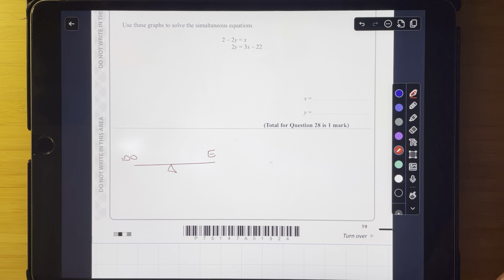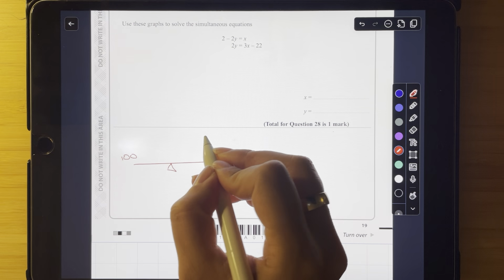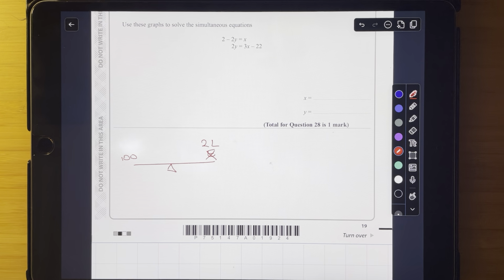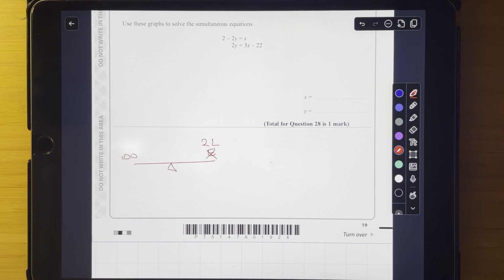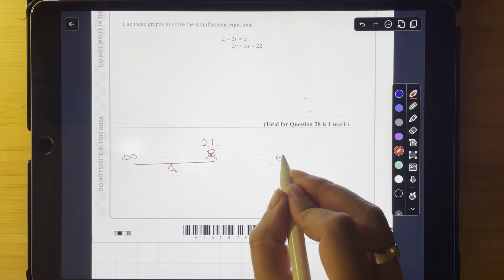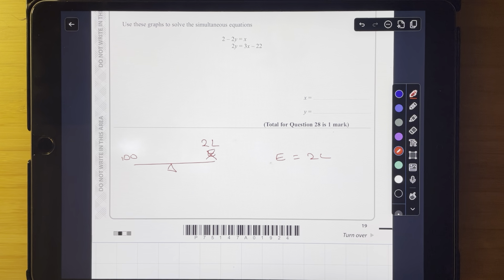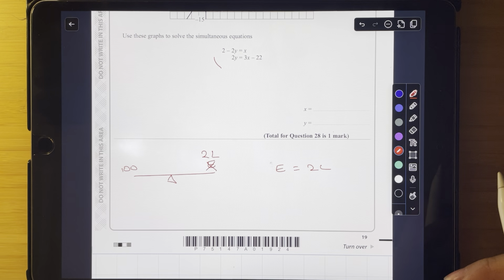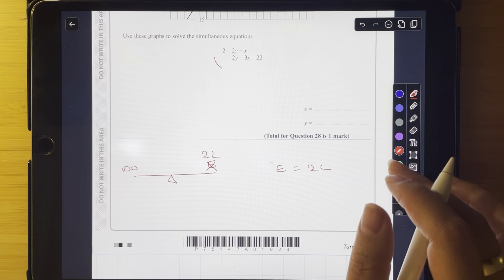If we knew something like an elephant weighs the same as 2 lions, what I could do is just, where there's an elephant, I could put 2 lions. And so this is only if we know E equals 2L. And so something similar is happening here. And this is part of rearranging equations and moving things from the left to the right side.